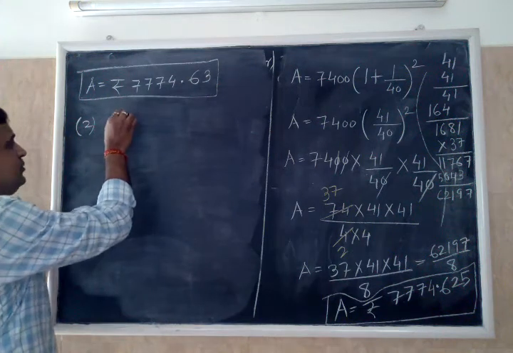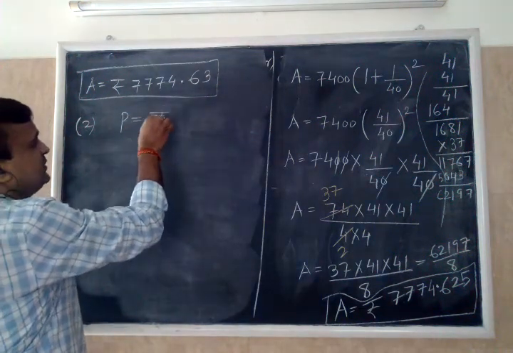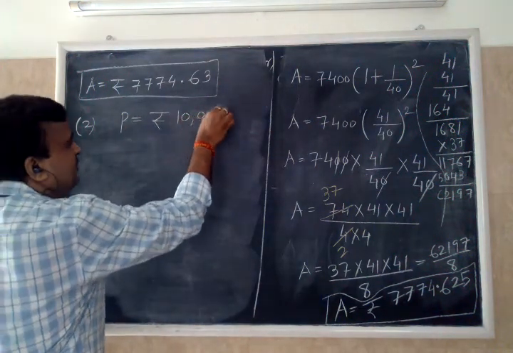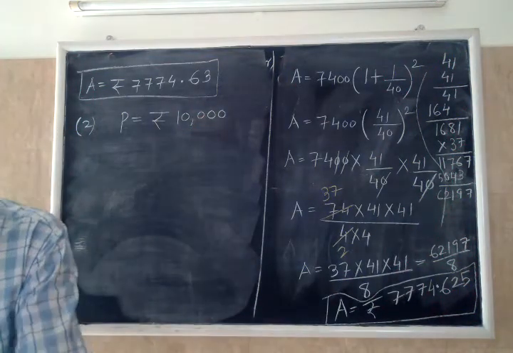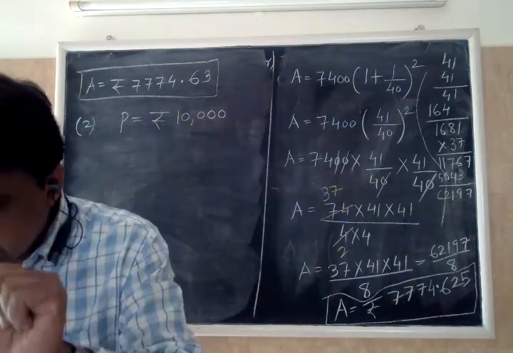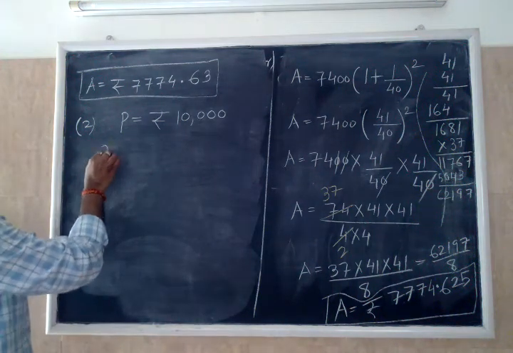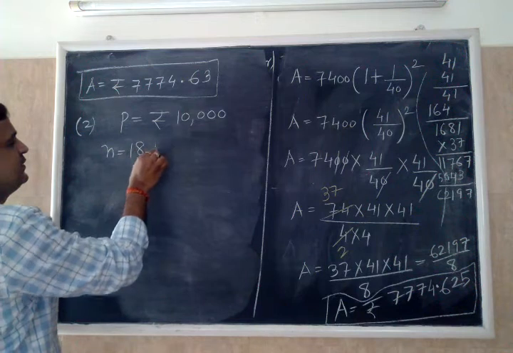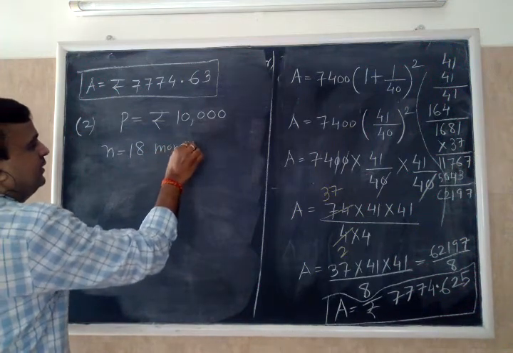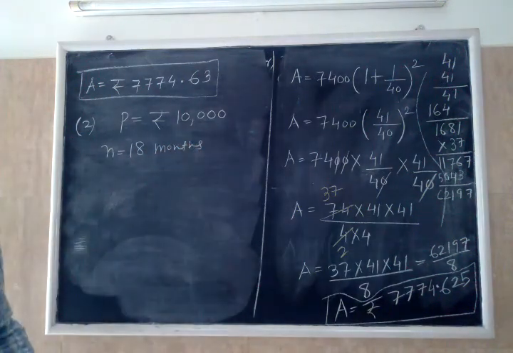Okay. So principal amount is 10,000 rupees for 18 months. Duration is 18 months. N is 18 months.